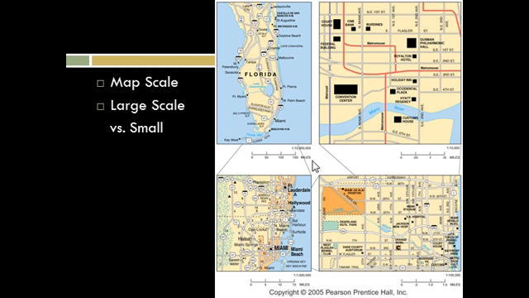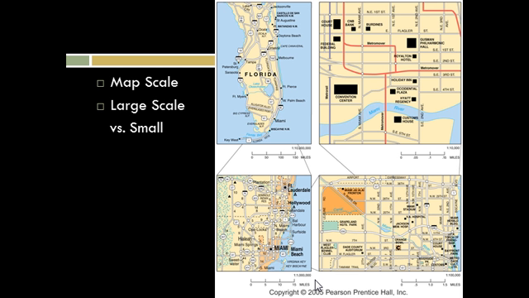Well, it has to do with the number that's probably pretty hard to see right here. Notice that each one of these four maps has a number that looks kind of just like that in the lower right hand corner. Let me tell you what those numbers say and what they mean. For the map of Florida, it says 1:10 million. For the map of the Miami Fort Lauderdale metropolitan area, it says 1:1 million.